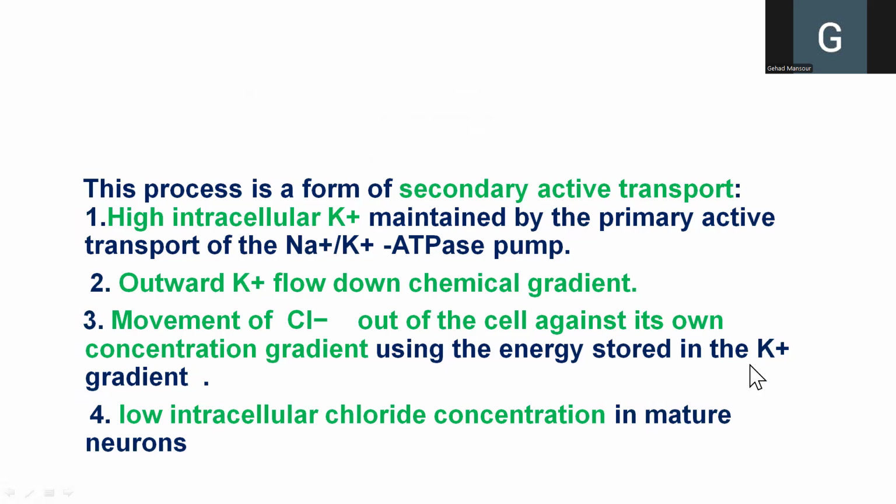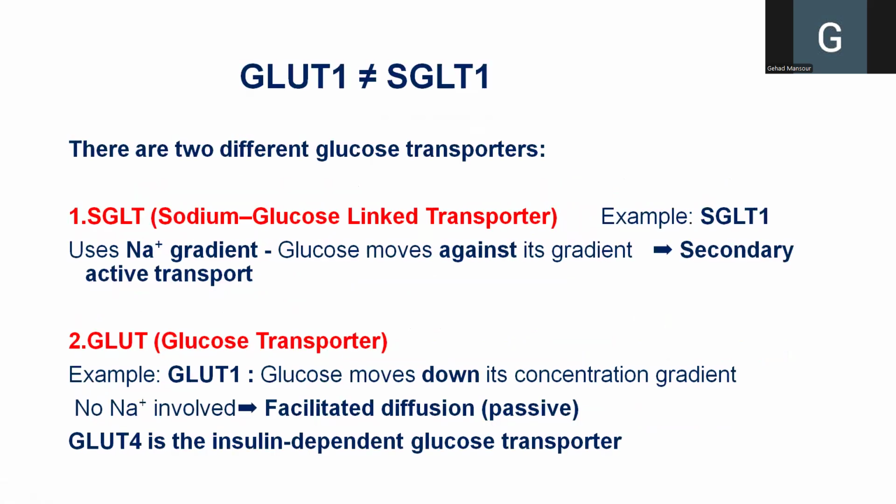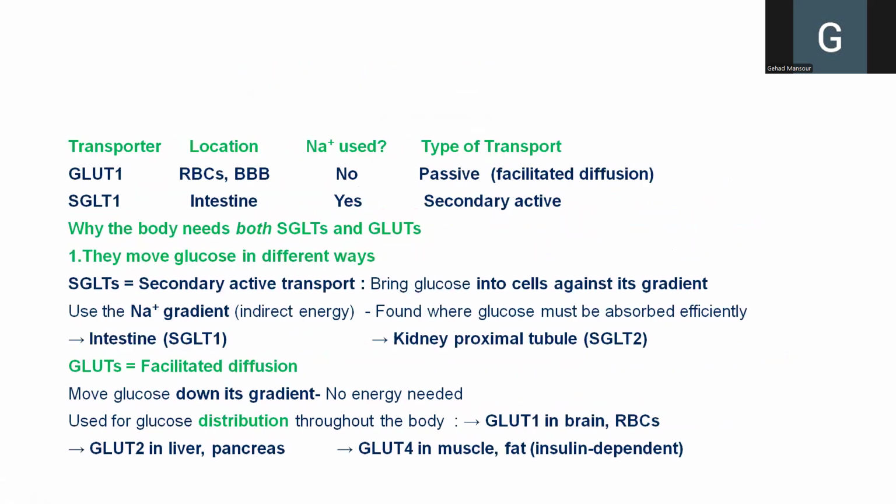Of course, we need energy. This energy is not taken directly from the cell, but it is done using the energy that was stored in the potassium gradient, and therefore we are ensuring a low concentration of intracellular chloride in mature neurons.